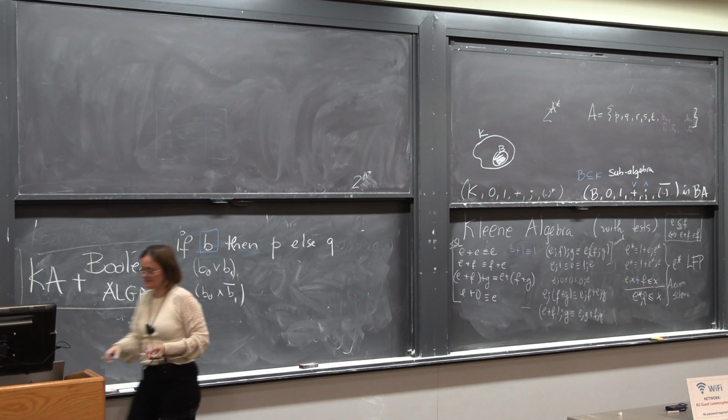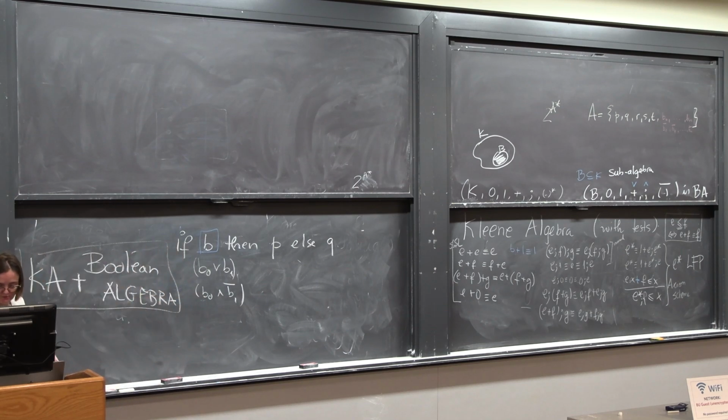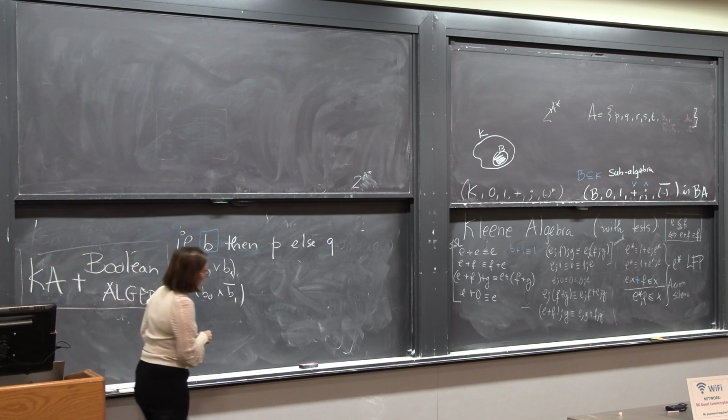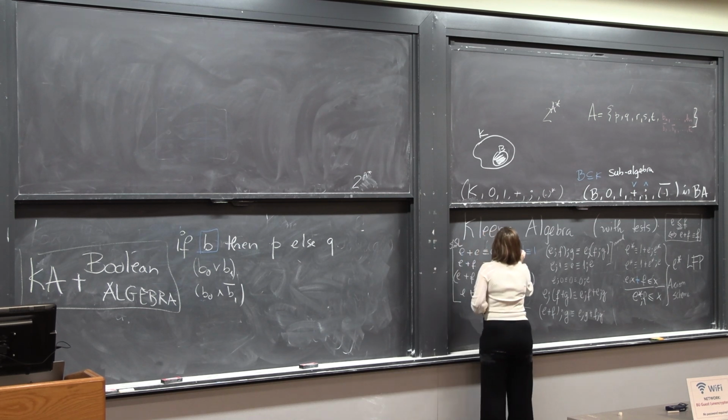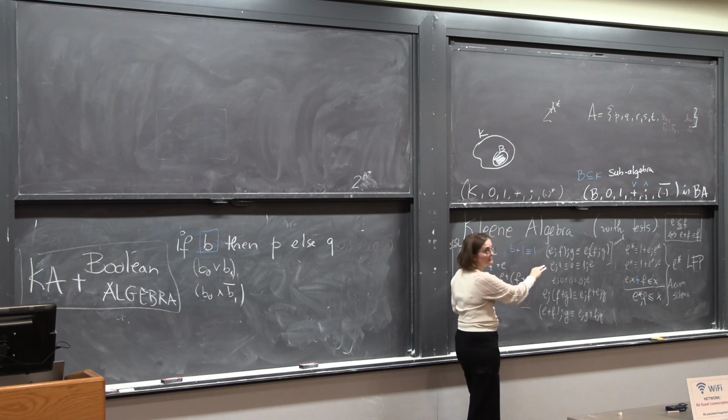And there's one more I'm missing, and I forgot which one. Let me see which one am I missing. Right, I'm missing the De Morgan laws, because nothing here talks about not.